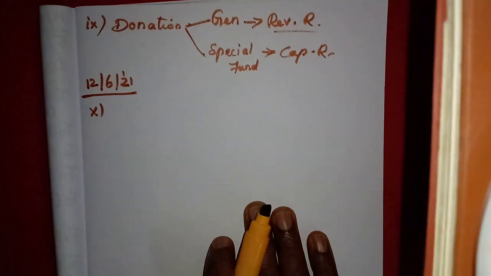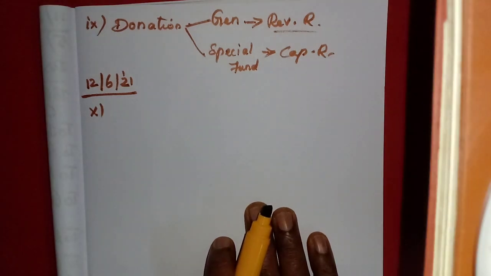There we have learned around 10 items, isn't it? 9 items. We check whether they are capital nature or revenue nature, because only the revenue nature items will be entered in the income and expenditure account, and capital items will be entered in the balance sheet.